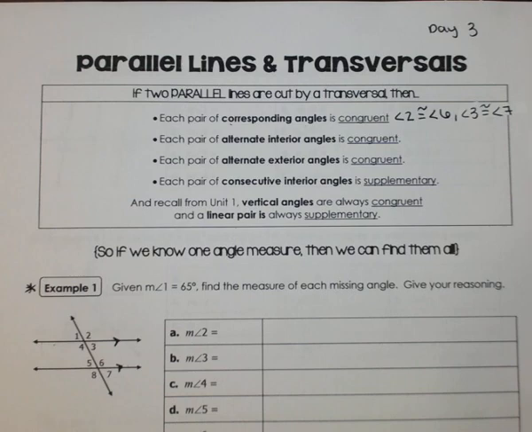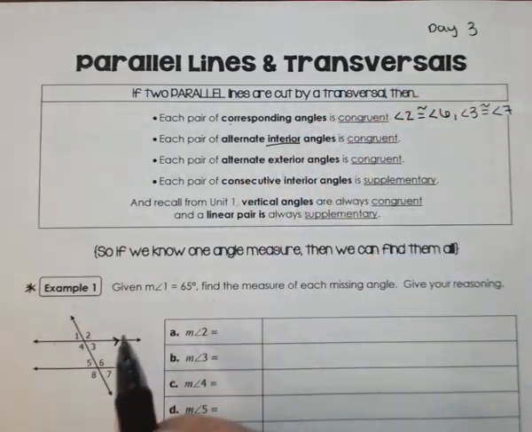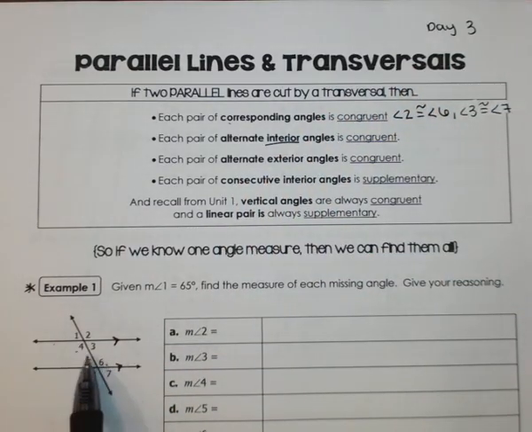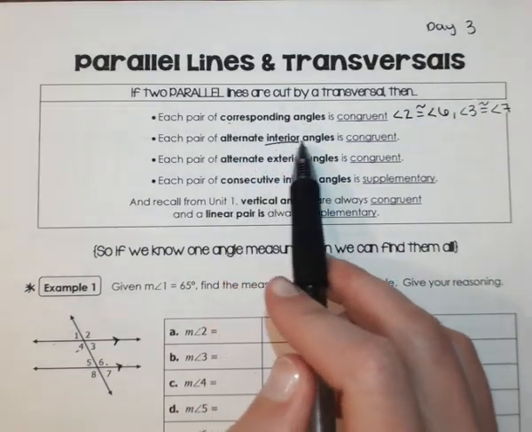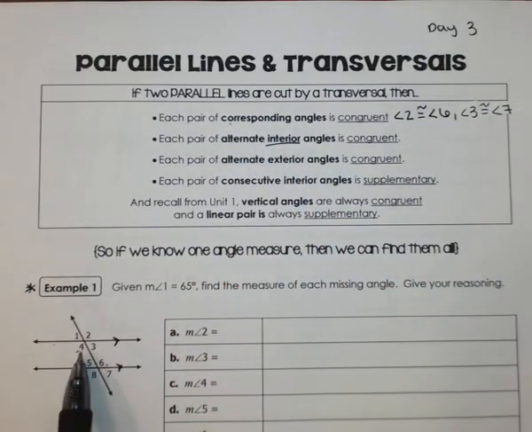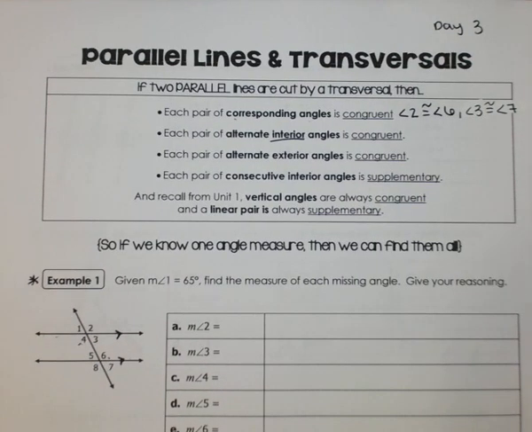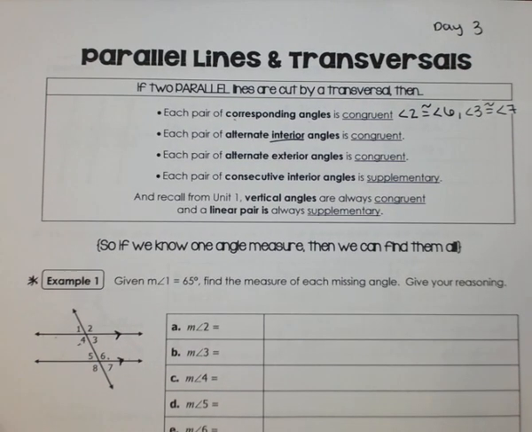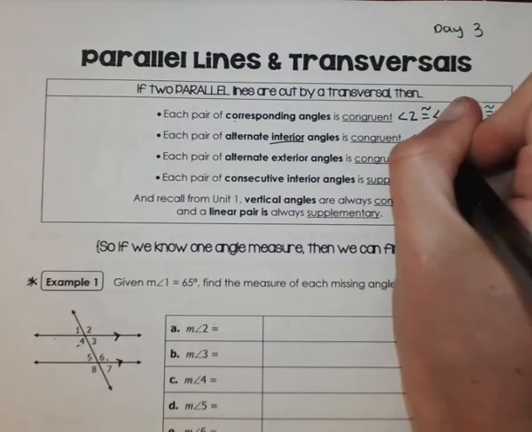Alright, the next type we have are called alternate interior angles. The definition of alternate interior angles is angles on the inside of the parallel lines and on opposite sides of the transversal. An example would be angle 4 and angle 6.